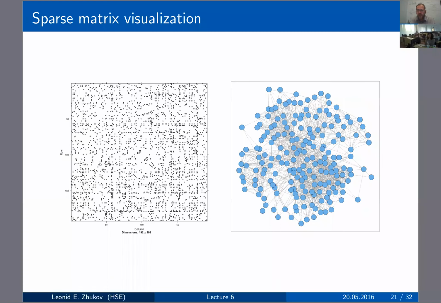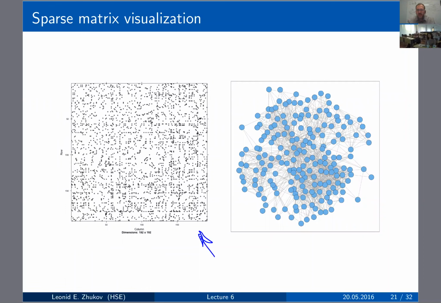Here I'll give you an example of a slightly bigger graph and its matrix on the left side. By looking at this matrix, you realize there are a lot of connections, but it looks quite random.